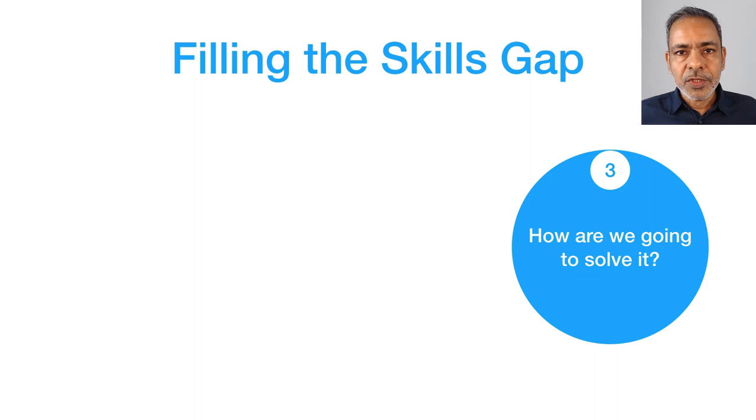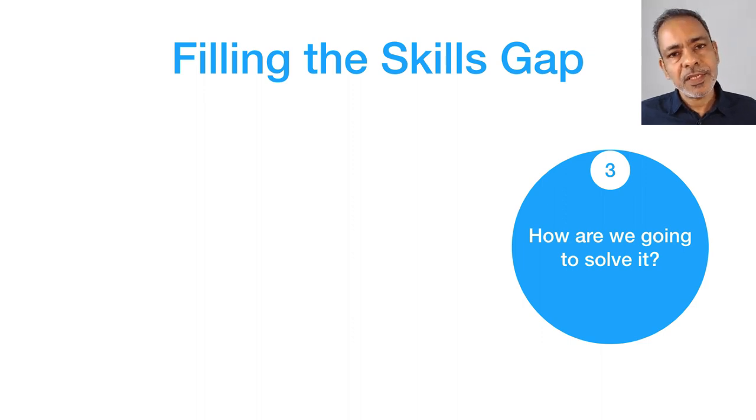So the answer to the third question, how can one solve the problem of low quality SOPs, is clear. To write high quality SOPs, we need to fill the skills gap, the gap between the subject matter knowledge professionals already have and their writing skills.